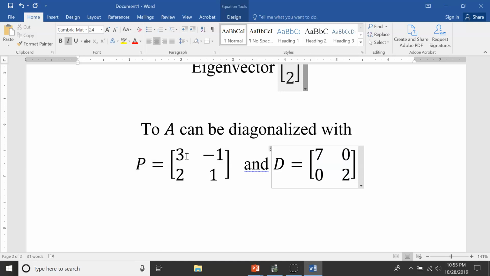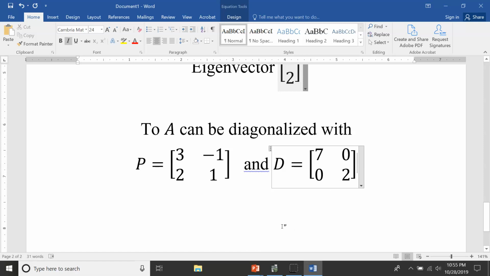Okay, so all of these are diagonalizable and they yield the same A no matter which sort of combination, as long as we have it lined up right. As long as the 3, 2 corresponds to eigenvalue 7, and as long as negative 1, 1 corresponds to eigenvalue of 2.